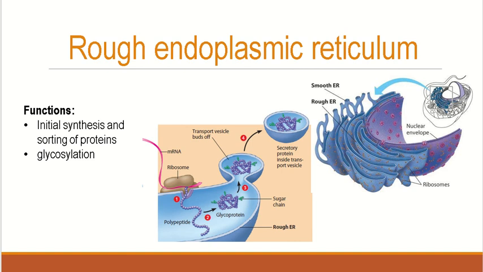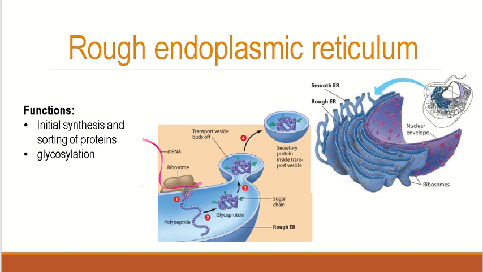As it enters, the new protein folds into its three-dimensional shape. Also, short chains of sugars are often linked to the polypeptide, making the molecule a glycoprotein. Glyco meaning sugar. The addition of sugar chains via glycosylation.